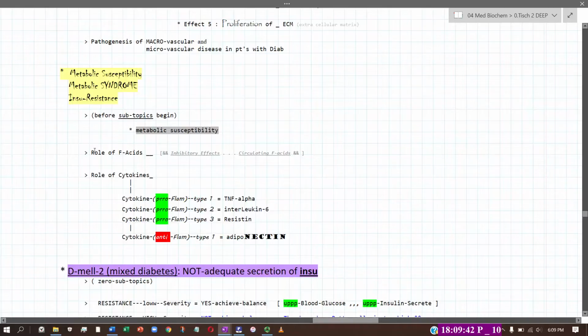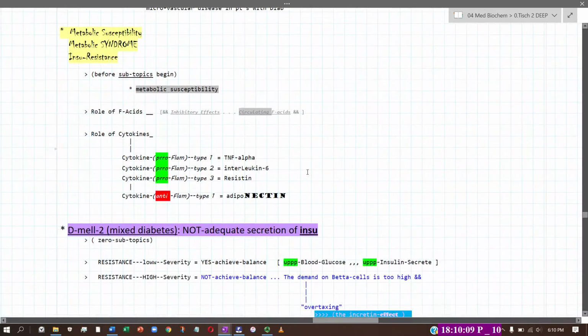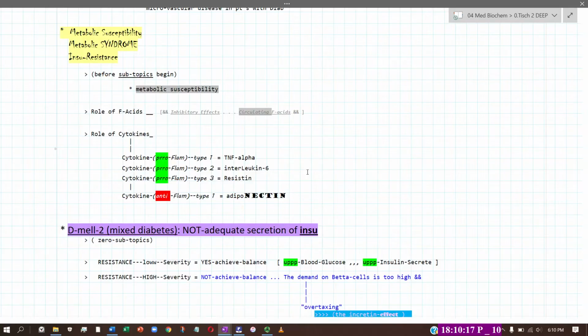Then the title of this subtopic is the role of fatty acids, and there are two concepts to address: inhibitory effects and circulating fatty acids. This portion of the notes got kind of complicated because there seem to be counterintuitive actions and effects, and this portion was addressing exacerbation of diabetes by obesity or by being overweight.